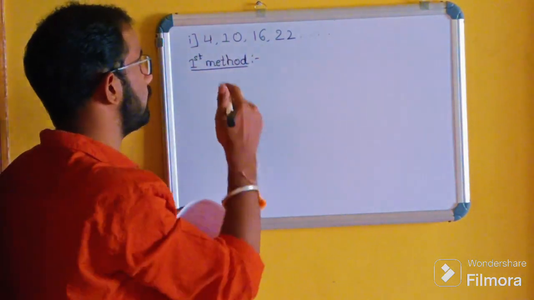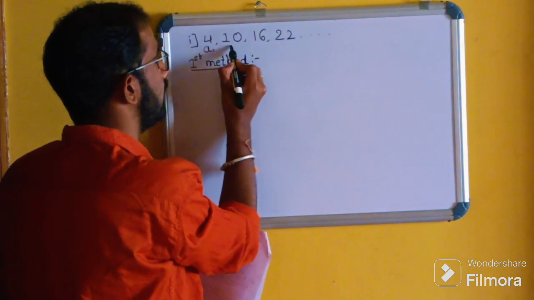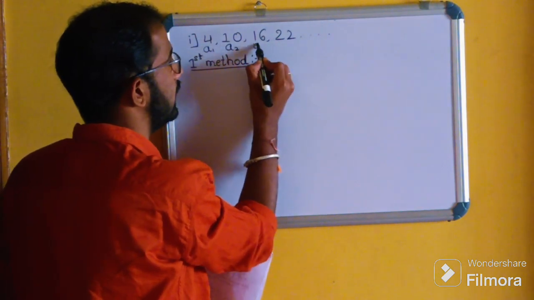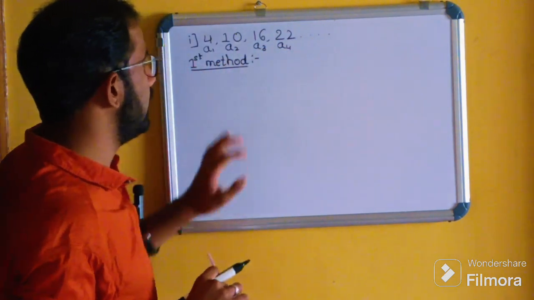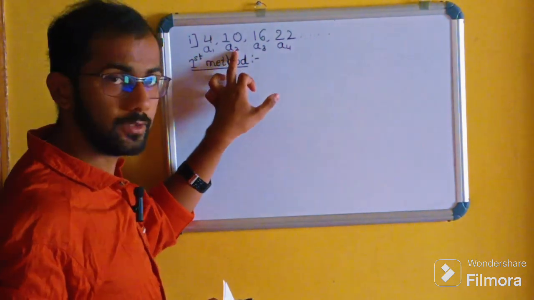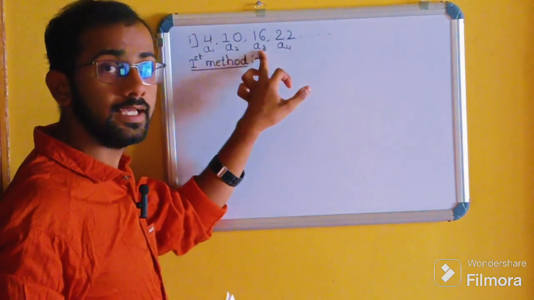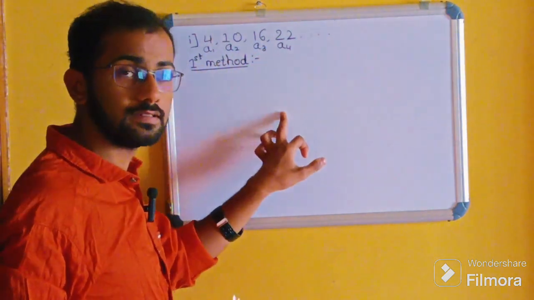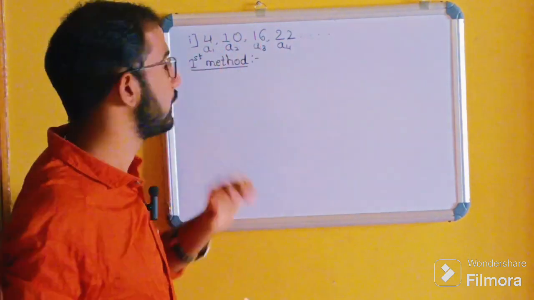For our convenience, let's take 4 as A1, 10 as A2, 16 as A3, and 22 as A4. In the first method we need to find the difference between A2 and A1, A3 and A2, A4 and A3. If these differences are the same, then this is an arithmetic progression.